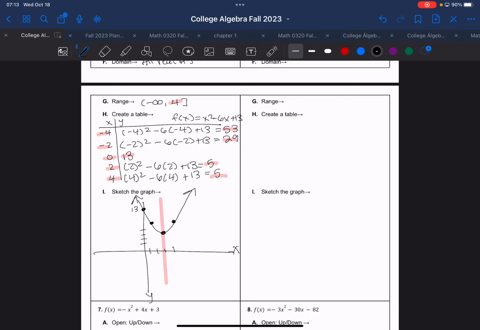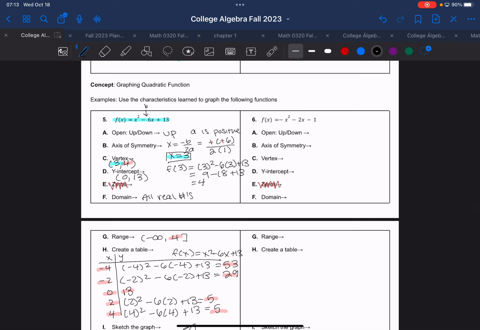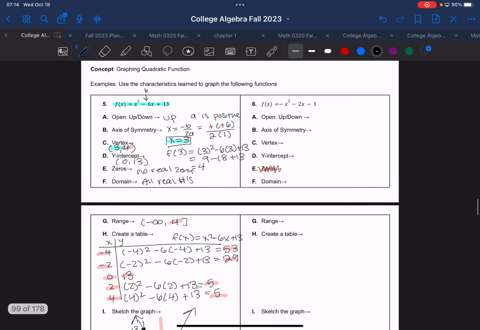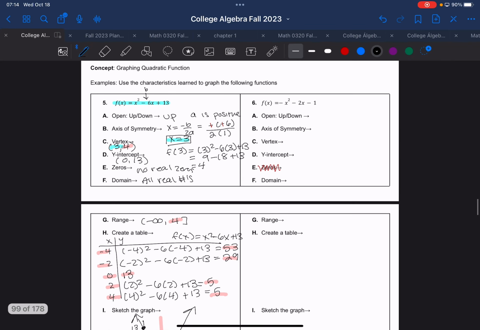So we could use that information, go back up to part E, and say no real zeros. Okay. So for this part, we are going to be using that graph we find to establish our zeros until we learn how to factor.